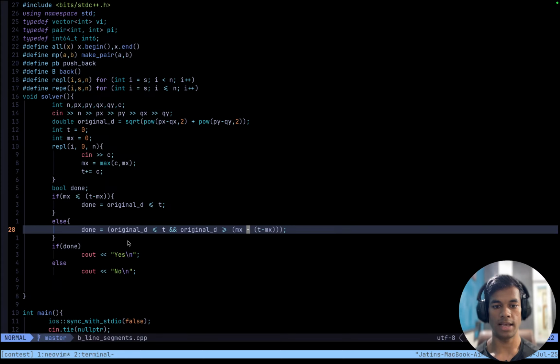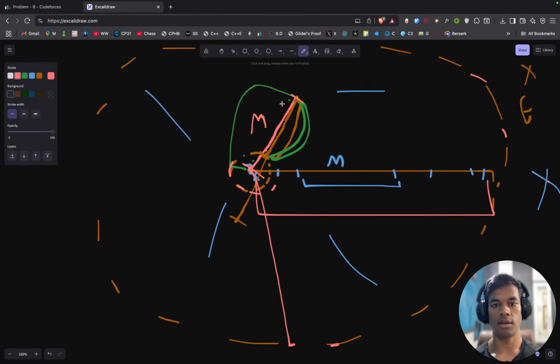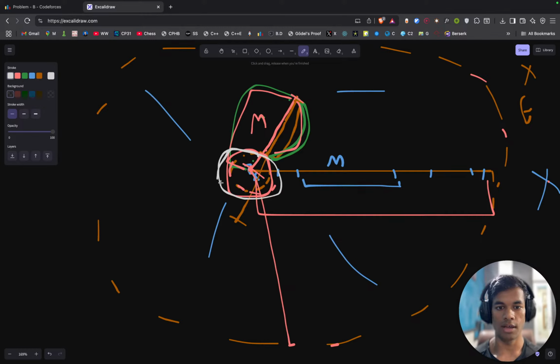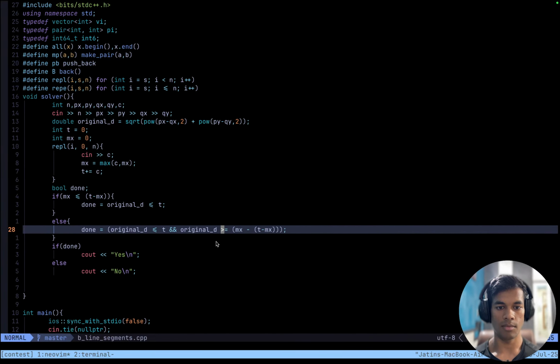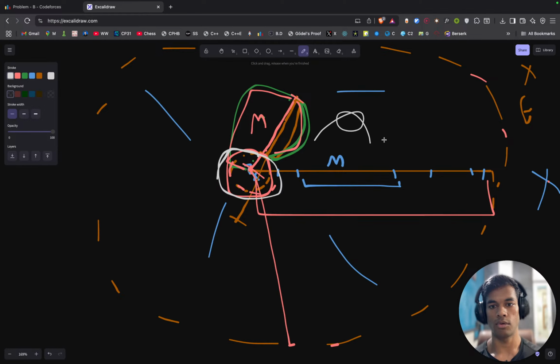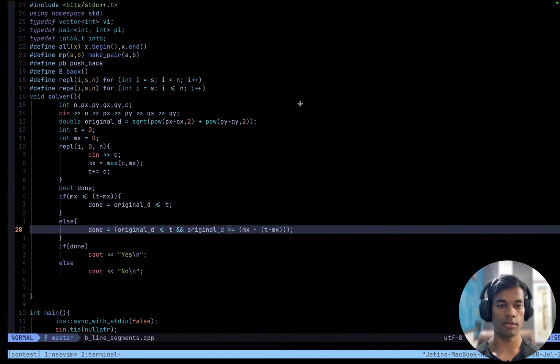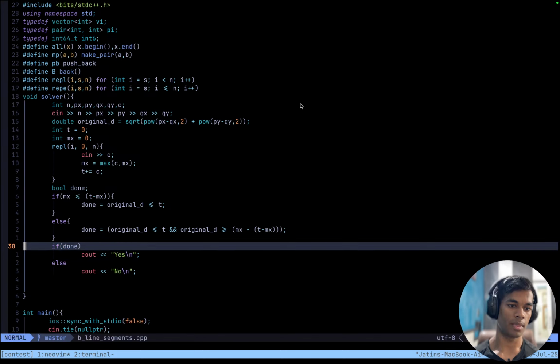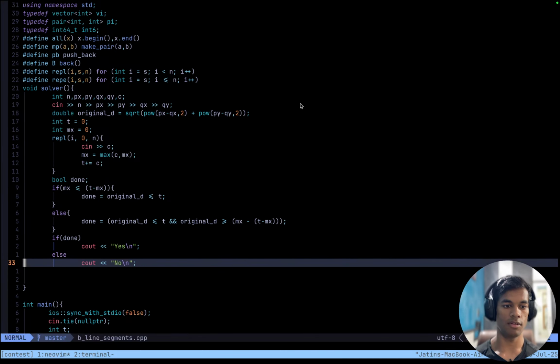And what is this thing? This is maximum minus this brown thing, and this would result in this radius. I'm checking my original distance can be equal to or greater than this, so somewhere here, and if it is, then true, and if done, then yes, otherwise no.